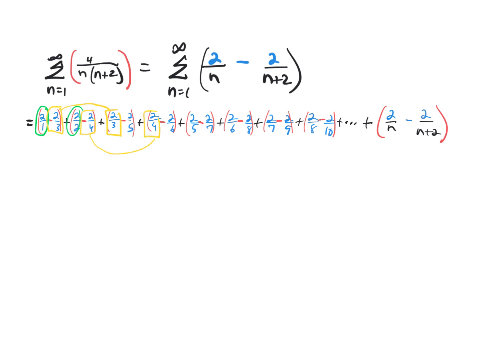What about negative 2/5? Negative 2/5, if we go 1, 2, 3, oh, there it is, positive 2/5. Negative 2/6, 1, 2, 3, yep, positive 2/6. Negative 2/7, positive 2/7. So, except for this 2/1 and 2/2, it looks like every single term will be getting canceled out.